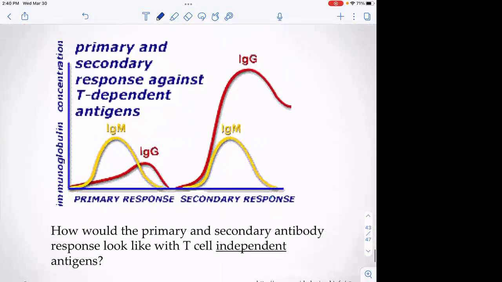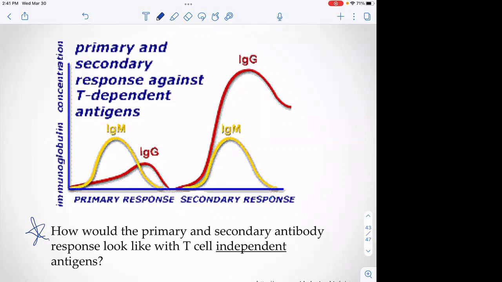So this is basically a similar diagram from another source. Just drew it out a little bit different. You can't really tell the timing very well here, but primary and secondary responses against T-dependent antigens. Think about how this would be different if the antigen was not T-dependent, if it was a T-independent antigen.